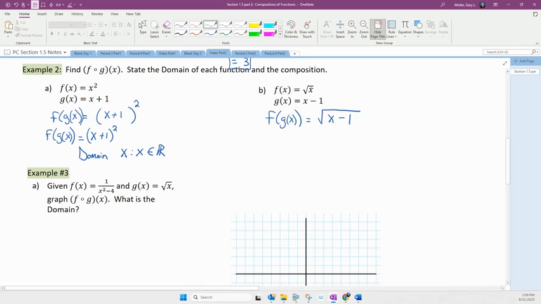If I look at this original function, the domain of that would be all real numbers greater than or equal to 0. So the domain here are all the x's. I'm just going to quickly shorthand it: 0 to infinity. The domain here is everything.